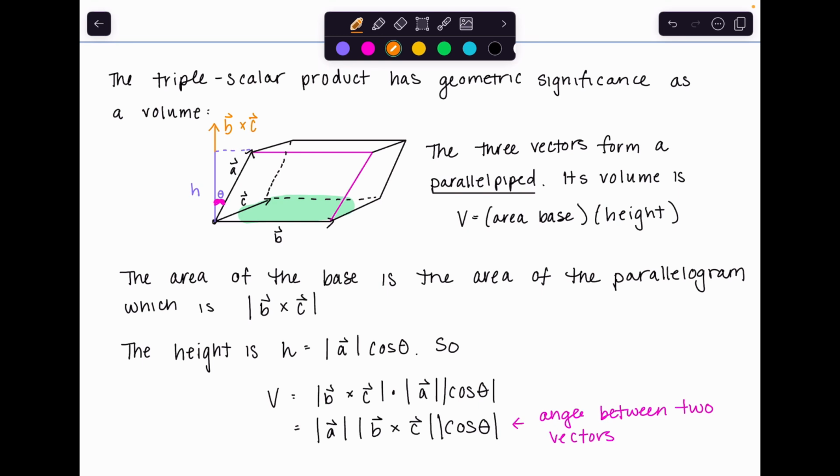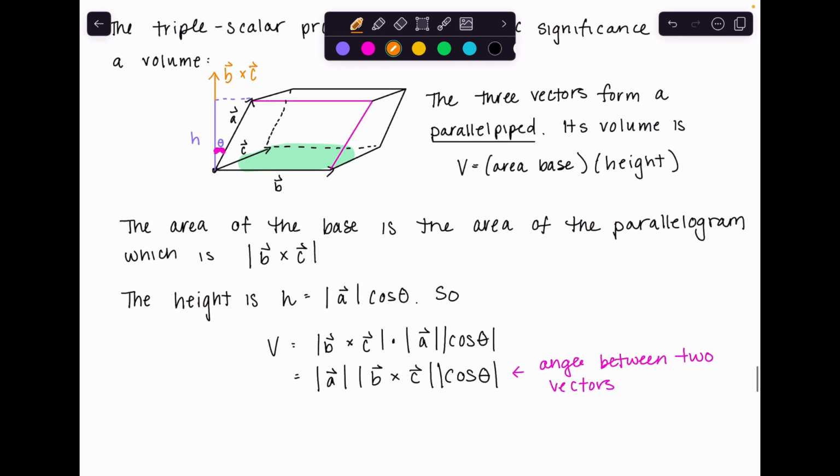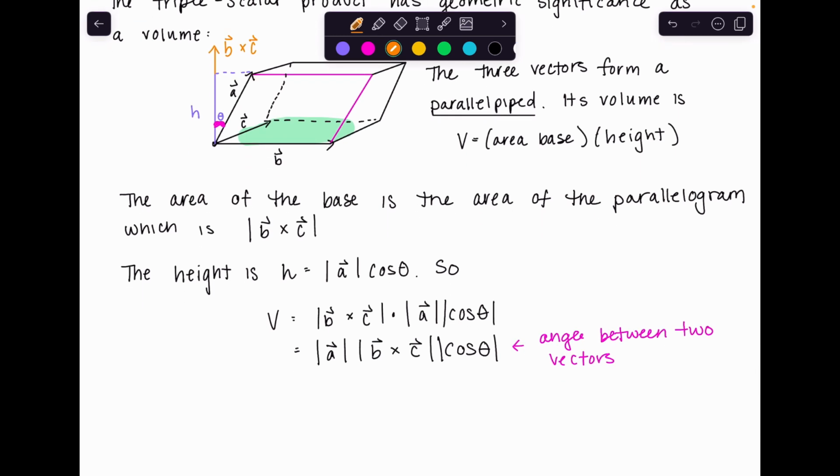So in reality, that angle theta is the angle between A and the vector B cross C. So what I can do instead, remember this turns into this, is use the dot product with the other one. So we can simplify this and say the volume of this parallelepiped is really A dot product with B cross C.